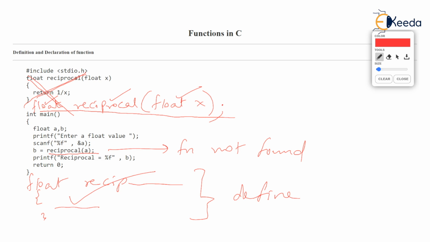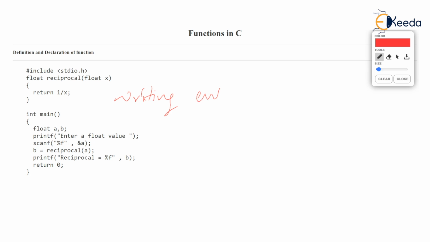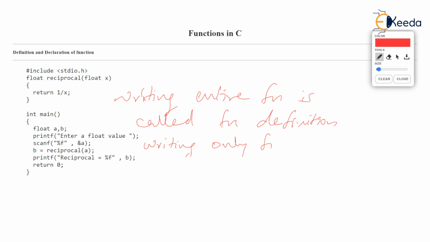Coming back to definitions and declaration again, just repeat this as I am going ahead. Writing the entire function is called function definition. And writing only the first line is called function declaration. What do you mean by the first line? The first line is return type, name, and parameter.